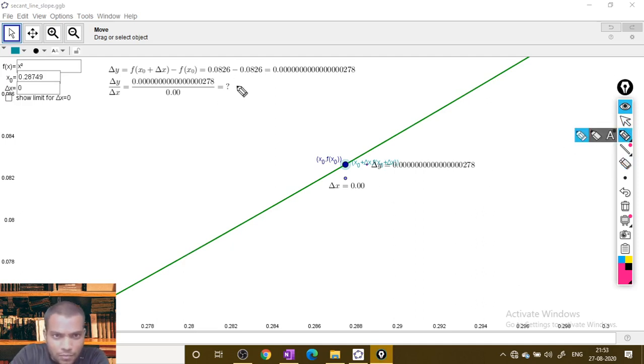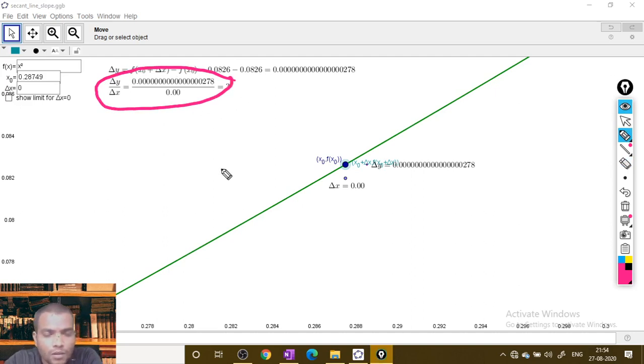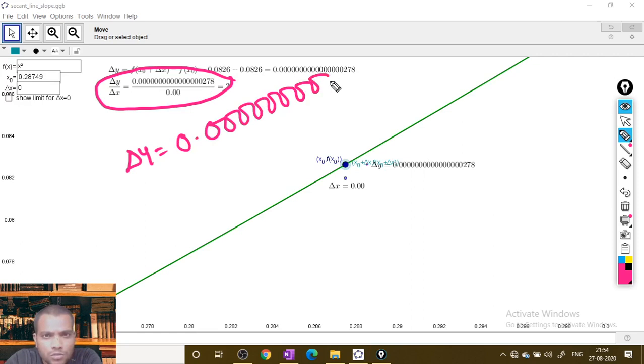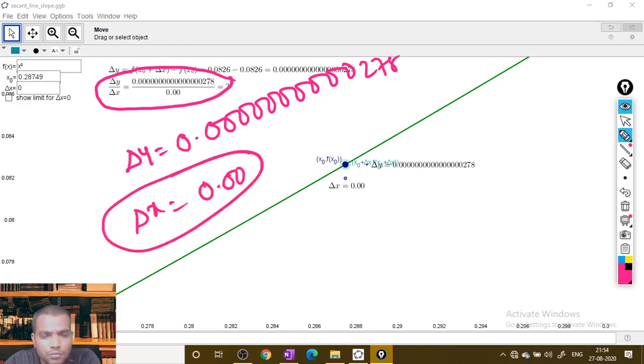Now if I ask the computer what the slope is, my software shows that delta y, the change in the y component, is almost negligible: 0.0000000000278. But for the x component, the difference is exactly 0.